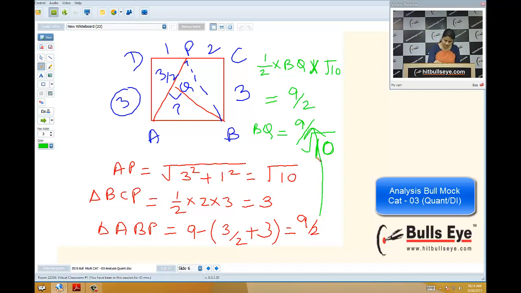Now we know the length of BQ and we know the length of AB as well. By using this, we can calculate AQ by using Pythagoras.